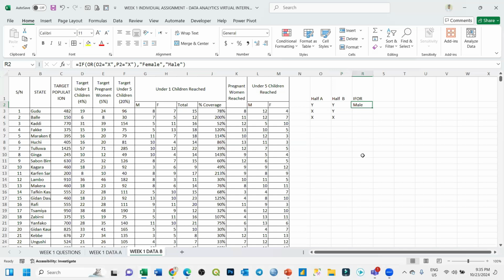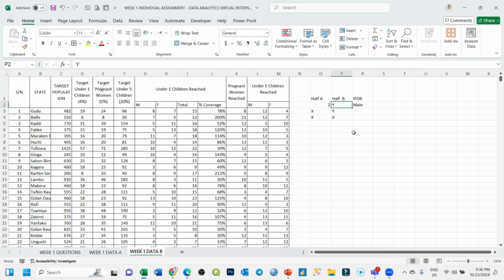So what it's saying is that if O2 is X or P2 is X, it gives us female. Any of them where we get the answer, even if this one is Y and this one is X, it will still give us female. If this one is Y, it will give us the wrong value because none of the criteria is true.